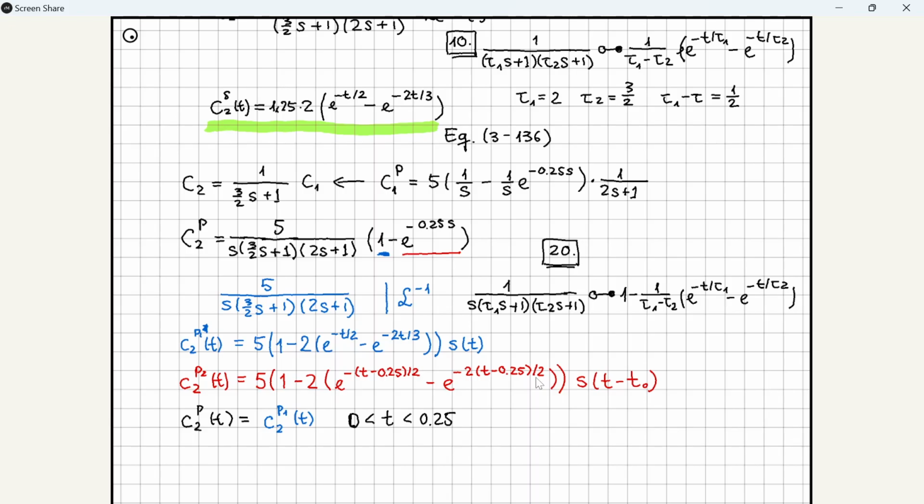And again, I can add the two. I'm not going to do that now. But this is effectively the function C2p1 of t plus C2p2 of t for t is greater than 0.25.